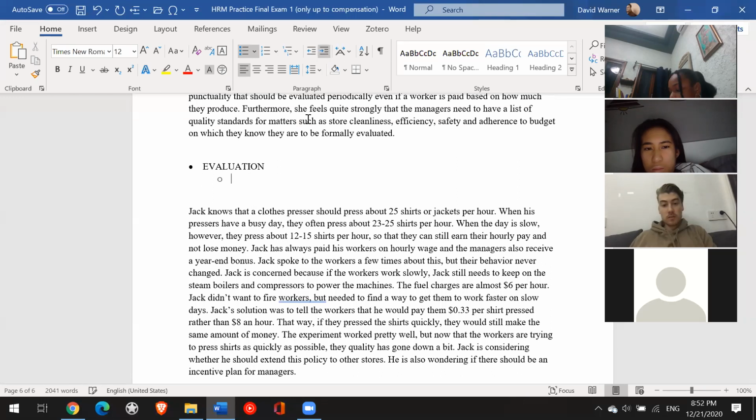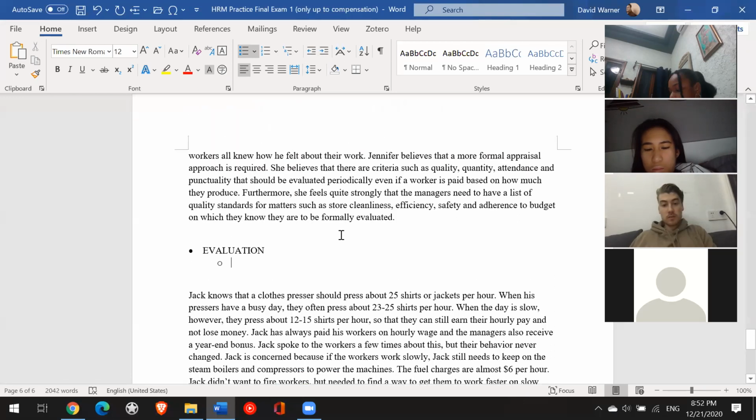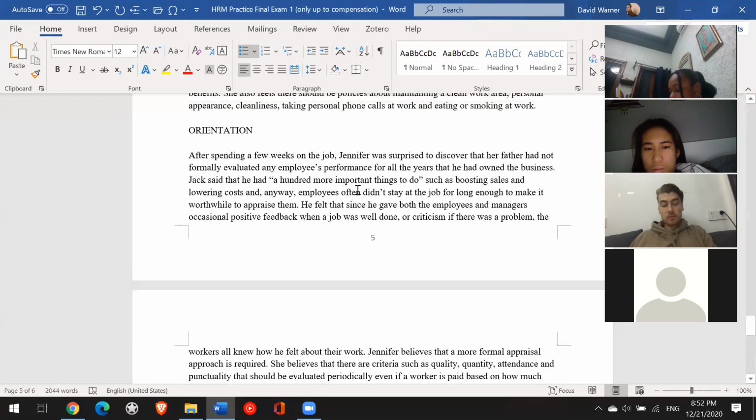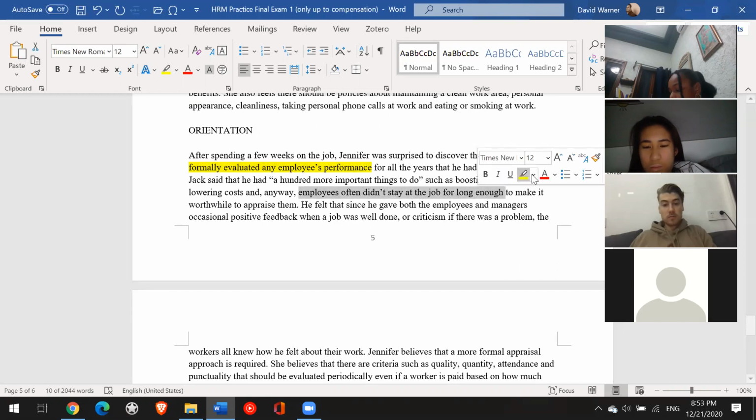Okay, so what do we need to talk about for evaluation? Well, we could look at some of the problems. What are the problems here? There's no evaluation. Her father had not formally evaluated any employee's performance. So that's a problem. Jack says he has 100 more important things to do. Employees often don't stay at the job for long enough.